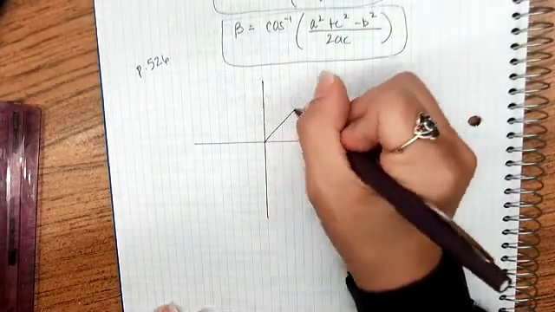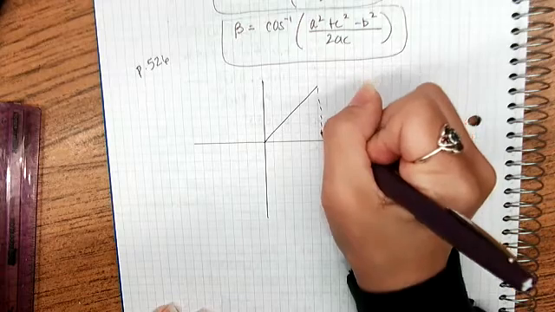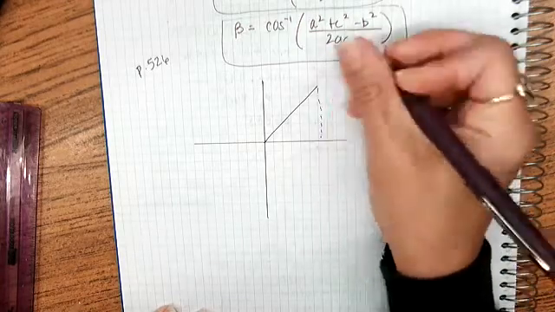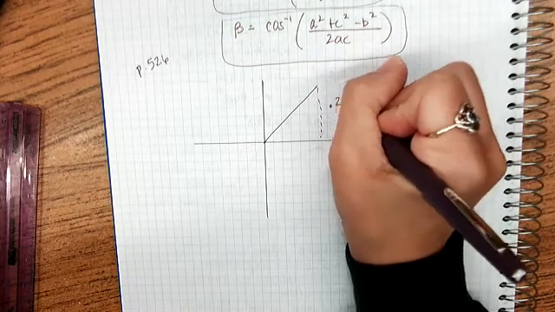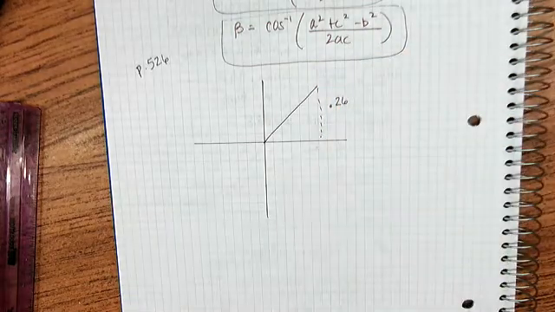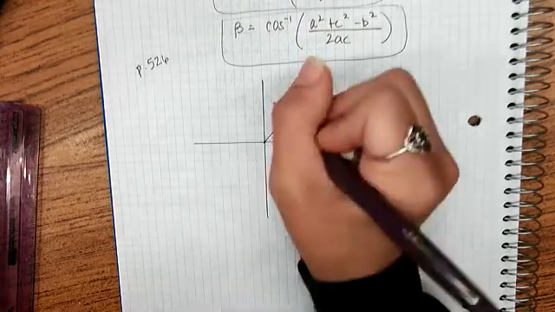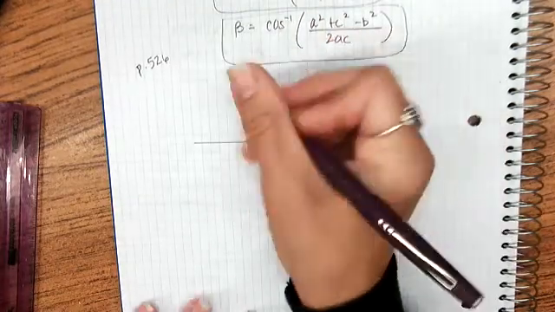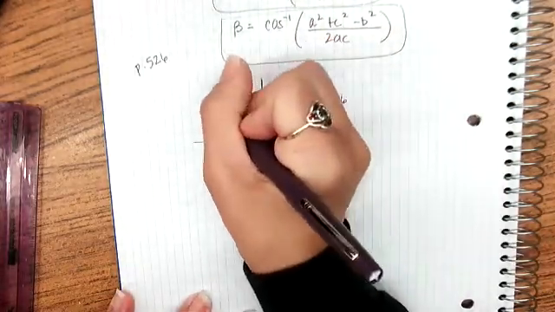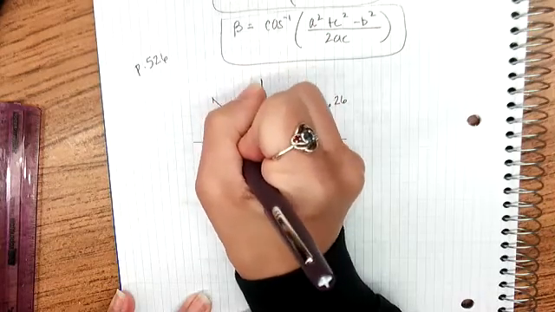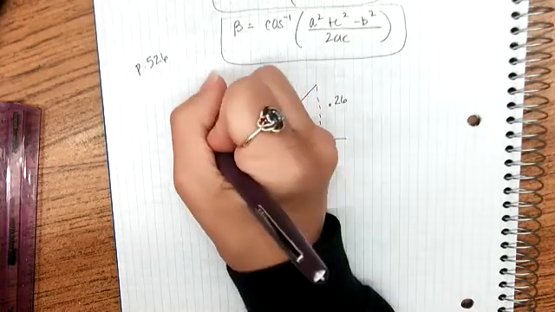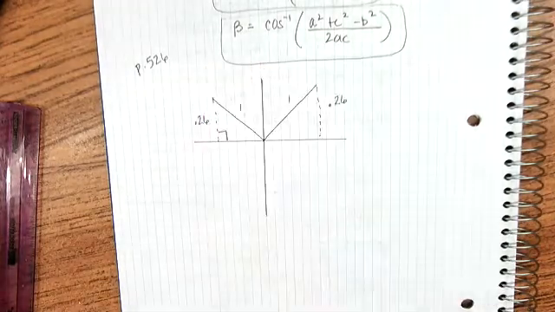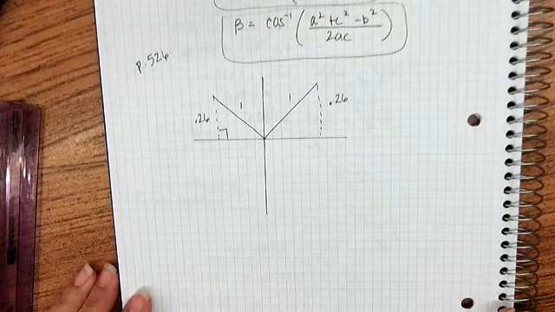Let's do that. The opposite side is 0.26. Hypotenuse is 1. This is on the unit circle because the radius is 1. In the second quadrant, we also have some angle with a sine of 0.26.